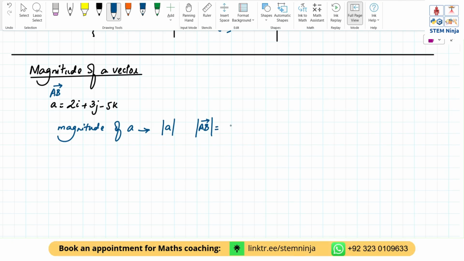How do we find out the magnitude? You remember we sum the squares of the components, and at the end we take the whole square root.